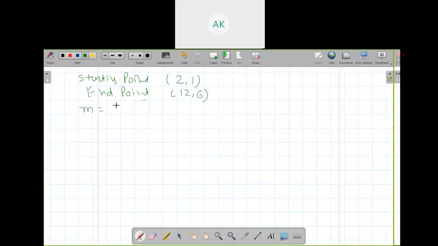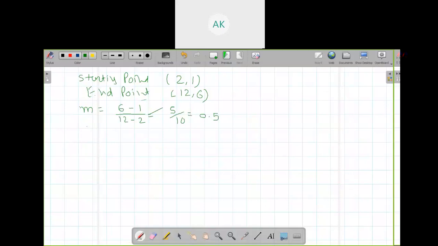which is y2, 6, minus y1, over x2, 12, minus x1. 5 by 10 means 0.5.